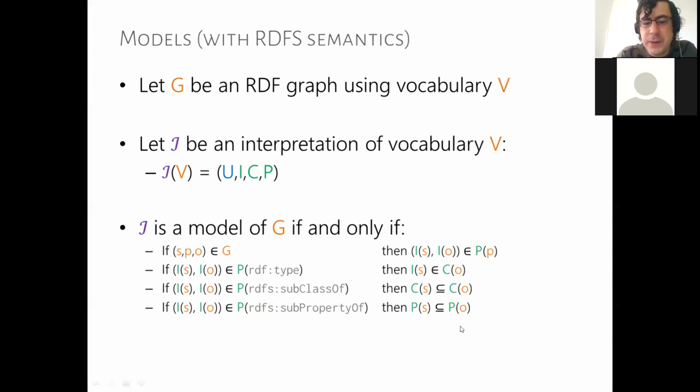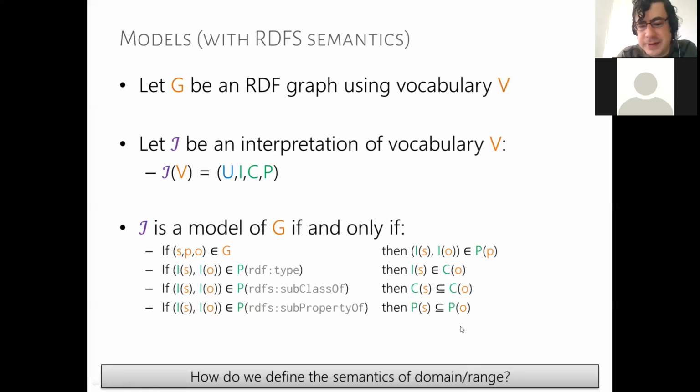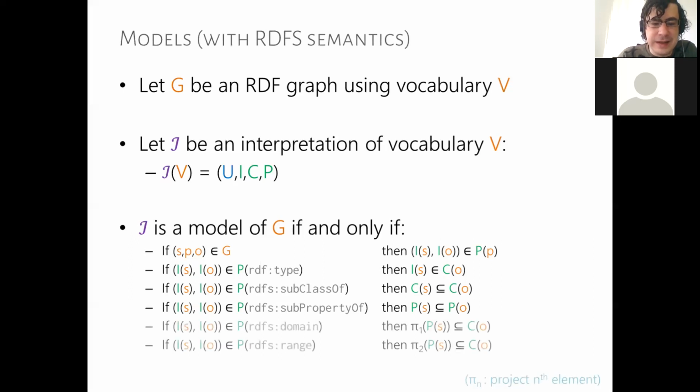And we can continue in this way to define the semantics of domain and range. This is a little bit awkward, but if S is the domain of O, then the first element of the relation of S, where I'm using pi1, which is like relational notation to project the nth element, is a subset of the extension of the class O, and so forth.